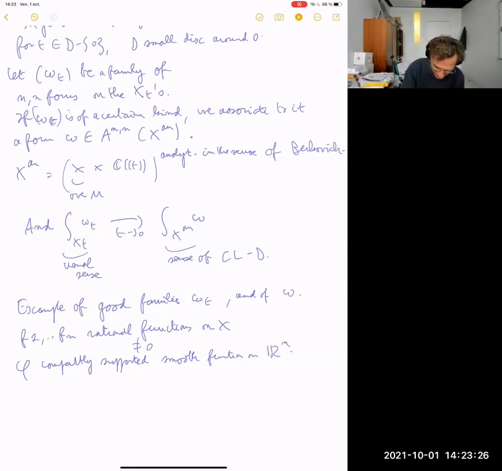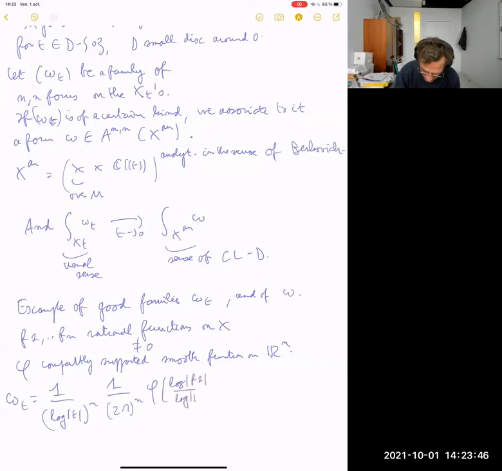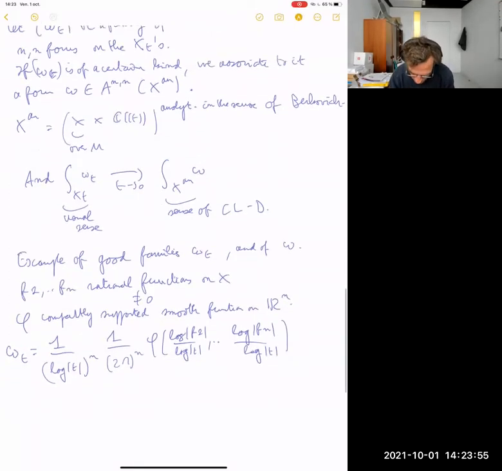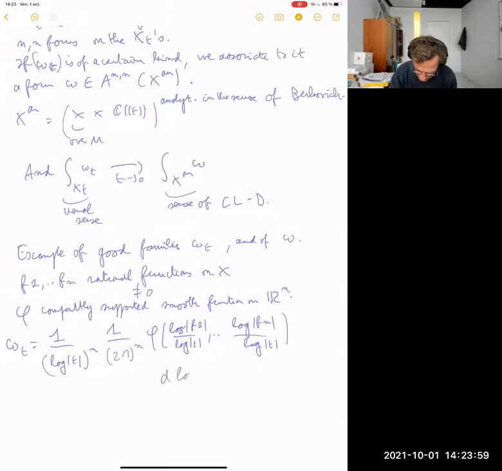Then I can take omega t to be 1 divided by (log of absolute value of t) to the n, 1 divided by (2 pi) to the n, phi of (log absolute value of f1 divided by log absolute value of t, ..., log absolute value of fn divided by log absolute value of t), and then d log modulus f1 wedge ... wedge d log modulus fn, wedge d argument f1, ..., d argument fn.